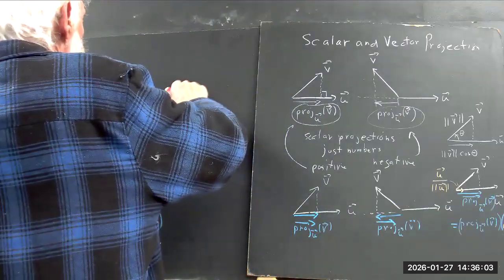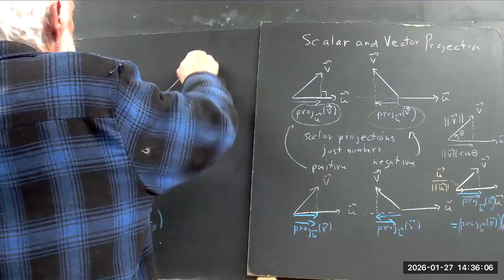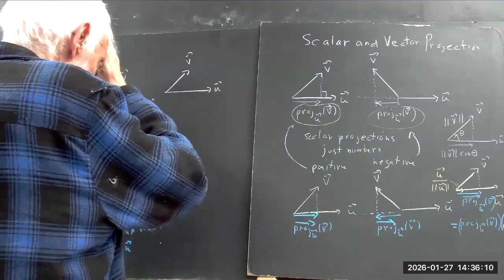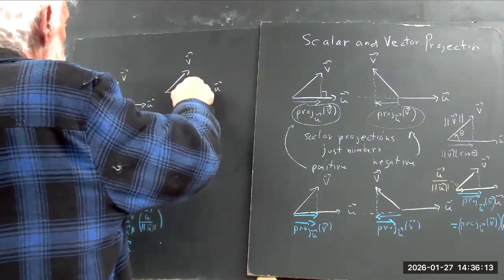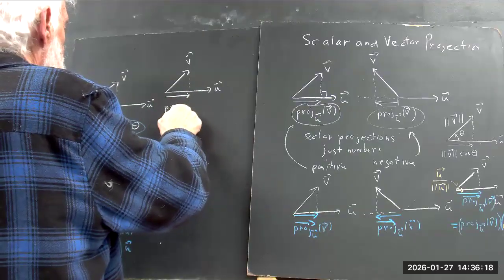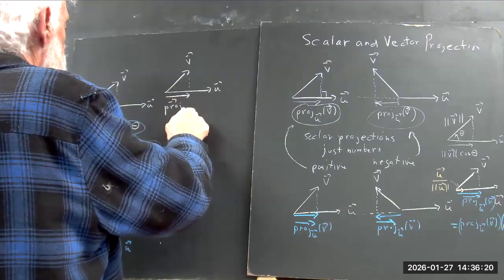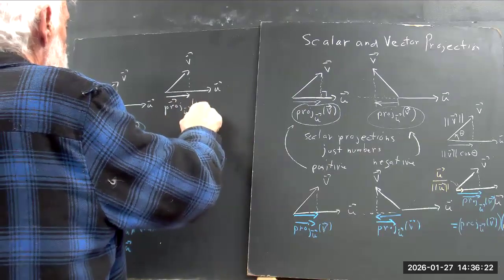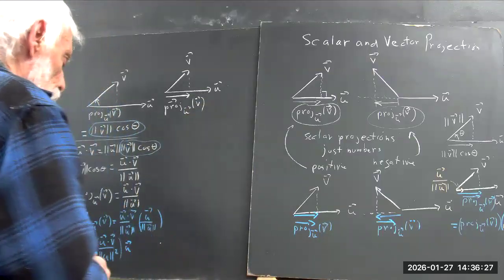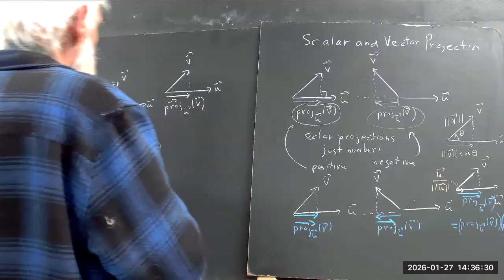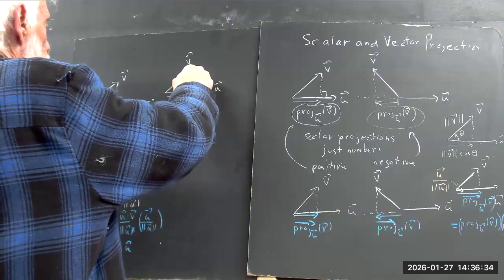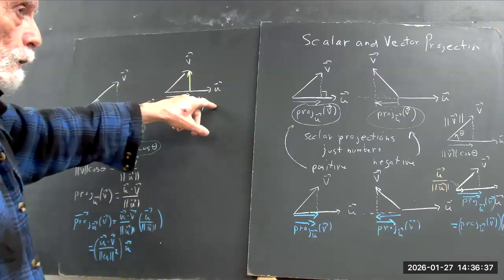Another thing that comes out of this: if I've got V and I've got U, and I know the vector projection onto U of the vector V, then how can I calculate the vector component of V perpendicular to U?